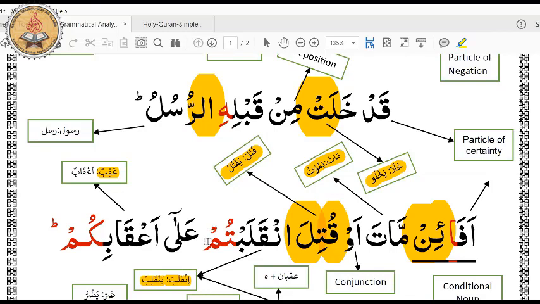So here the good indication, tum, means you all. Inqalaba is a past, but because of in, as in in mata kutila, inqalabtum will be changed into the present. Ala aqabikum, upon your heels. So basically inqalabtum ala aqabikum means if you turn around, about turn. This is a verbal phrase. So the full meaning is: if he dies or is killed, would you turn away on your heels?